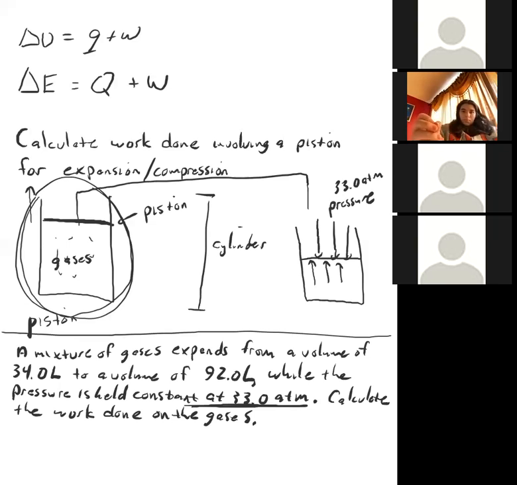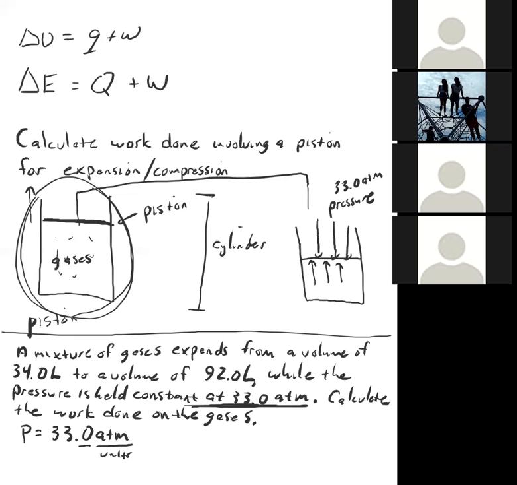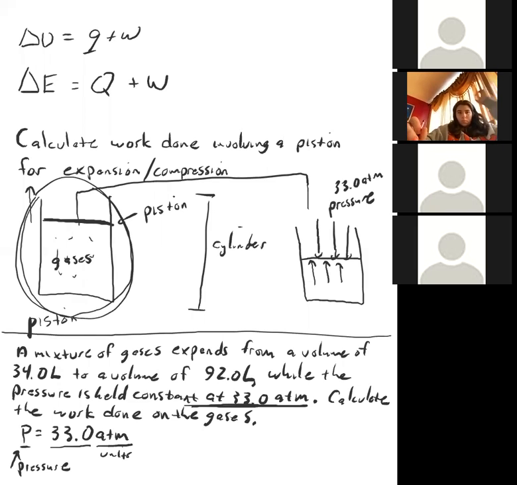So that pressure, P, I'm going to write that down. So these are the units, atmospheres. And then this is the value of the pressure. And the symbol we're going to use is P. This is pressure. Okay. And then notice we have two volumes, 34 and 92. There's two different volumes.